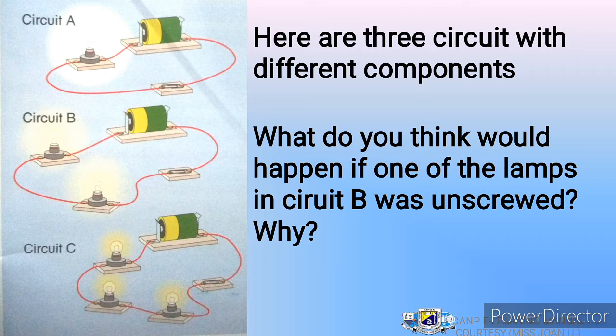You already know, right? Current will still flow. Then the bulb will light up more. Okay, why? Because the workload has been reduced, so the lamp will light up or burn more.